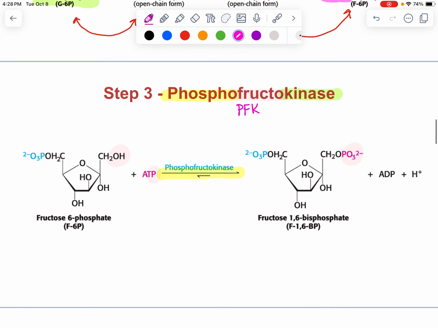Do you remember the term high phosphoryl transfer potential? We looked at that in a previous video. And remember, ATP has a high phosphoryl transfer potential, right? It has a driving force to give away that phosphorus.